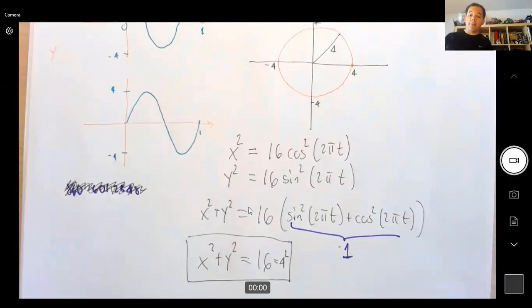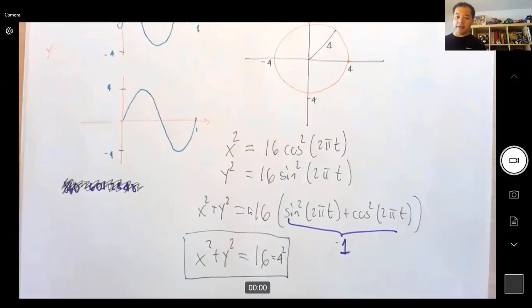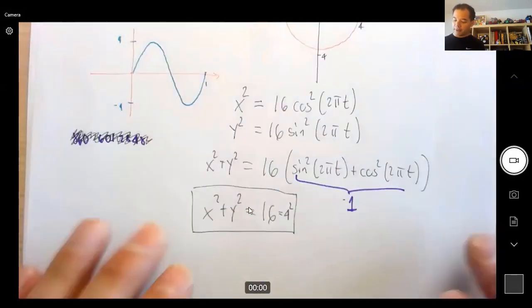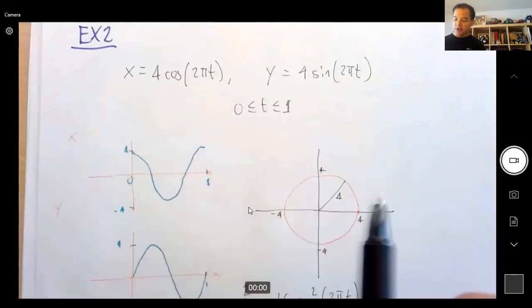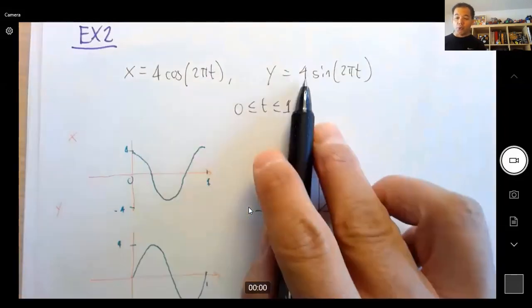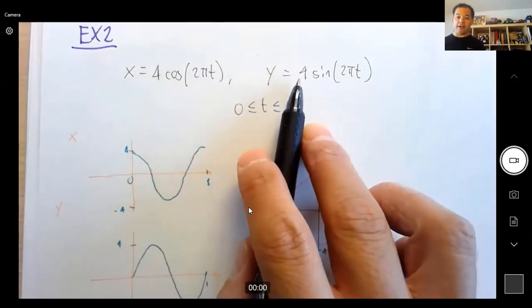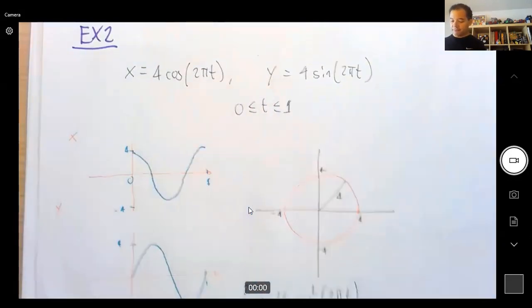It's important to remember this one because it will happen at other times. In general, if you use cosine for x and sine for y, you get a circle, right? And if you want a bigger circle, you just multiply by the appropriate parameter as the radius. So if you put a 4 here, it will be radius 4. If you put a 10, it will be radius 10, and so on.